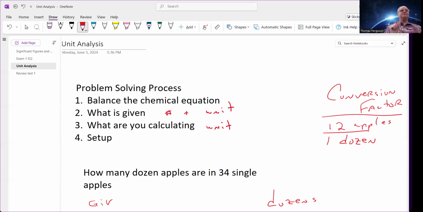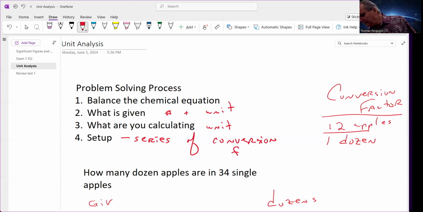And then lastly is the setup. And the setup is a series of conversion factors. So this is a game.